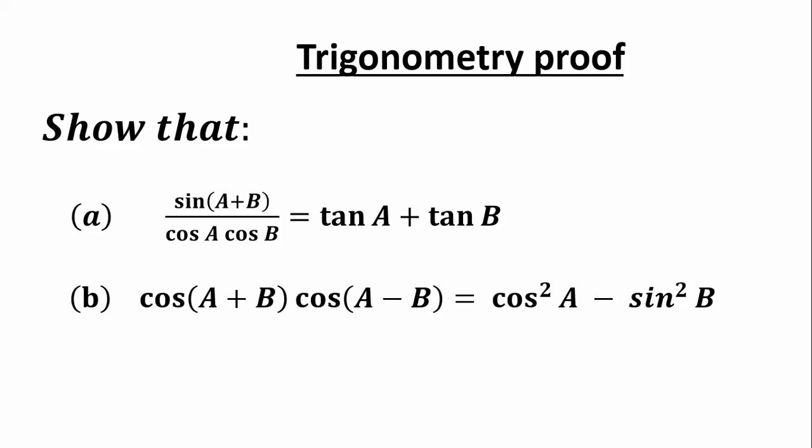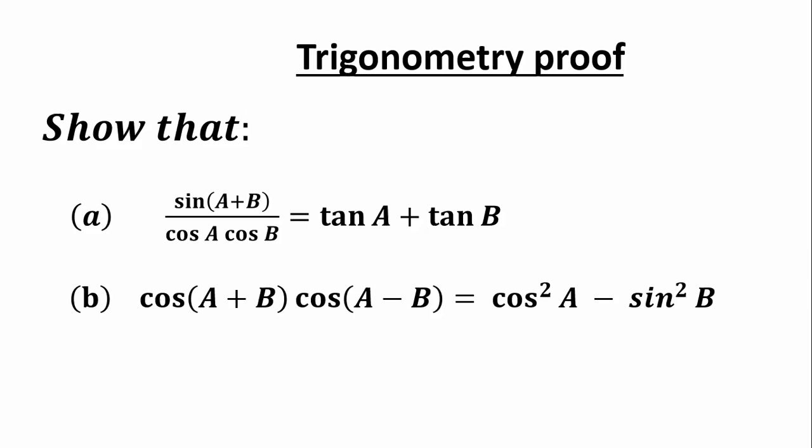The first one is sin(a + b) divided by cos a cos b is equal to tan a plus tan b. The next one is cos(a + b) cos(a - b) is equal to cos square a minus sin square b.